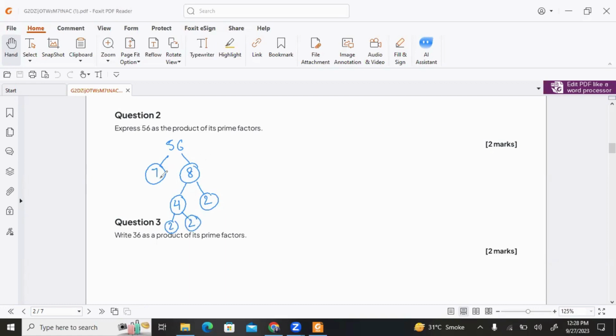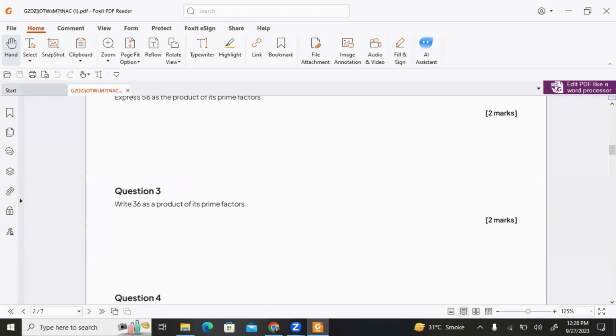So as you can see, we've broken down 56 into its prime factors, which are 2 times 2 times 2 times 7. So basic thing. Just a 2-3 mark question, you do these steps and you'll have your answer.